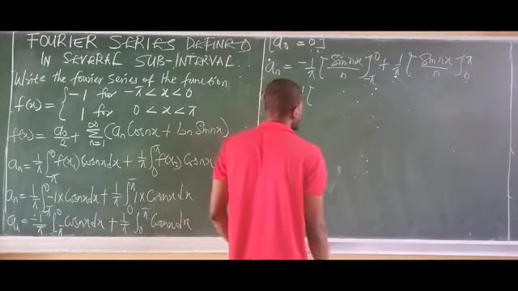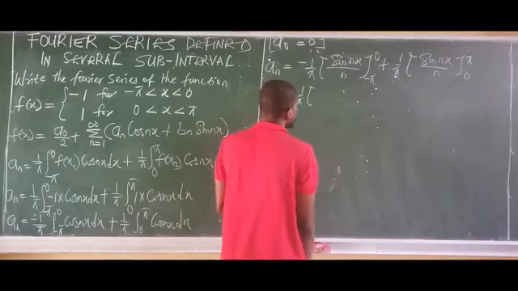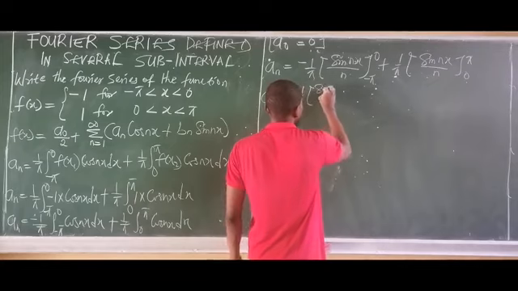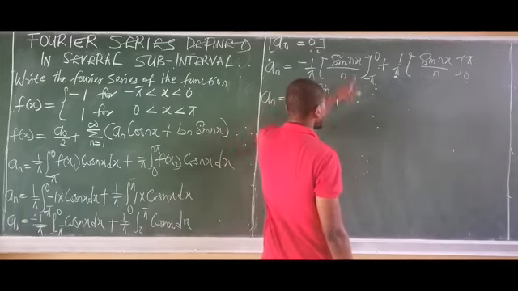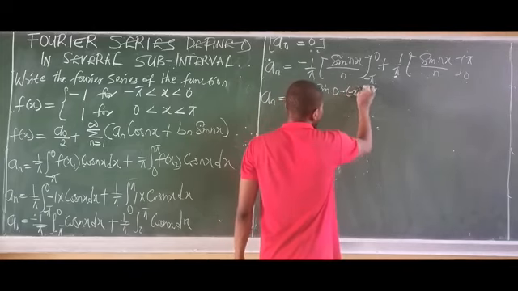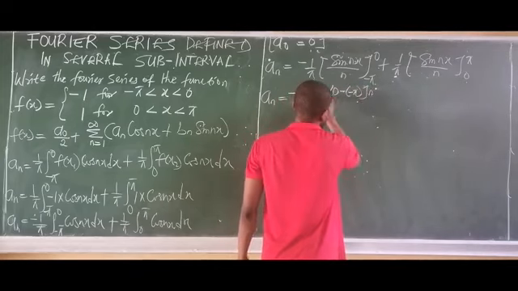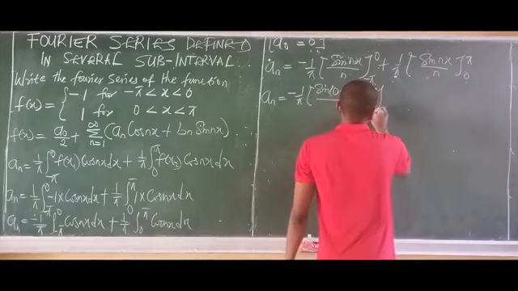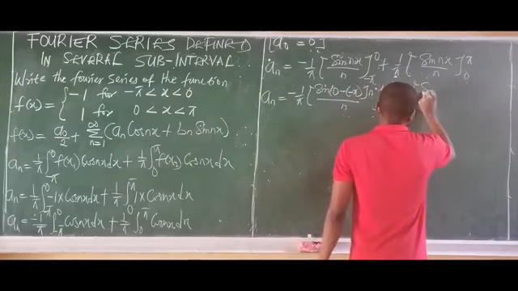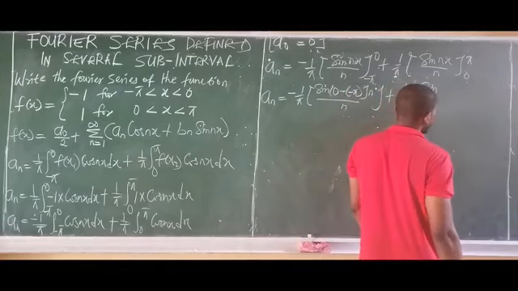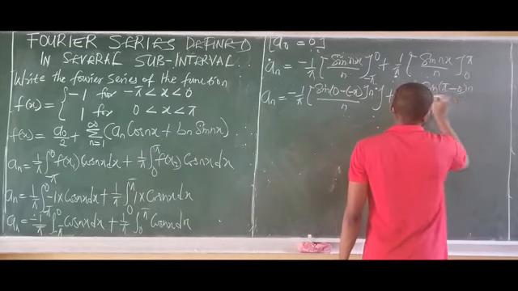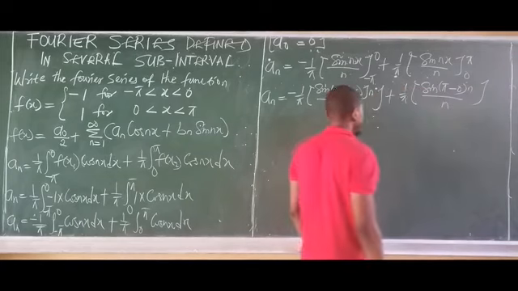Remember, upper limit comes first, minus lower limit. So wherever you see x, put in the upper limit minus the lower limit. This is sine nx, and in place of x, upper limit is 0, minus lower limit is minus pi. So I have this times n all over n, plus this is 1 all over pi. Same thing here, sine nx. Okay, in place of x it becomes upper limit pi minus lower limit 0 times n all over n.